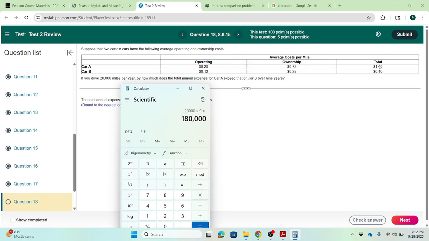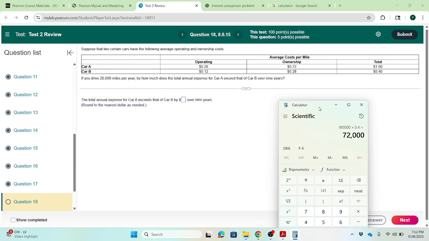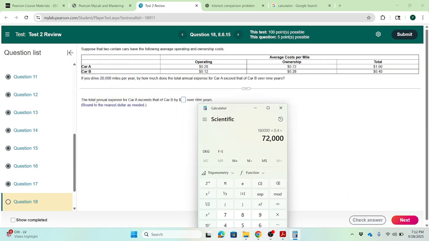For the first car, the cost is 180,000 times 1, which is 180,000, and for the second car, times it by 0.40, which is 72,000.